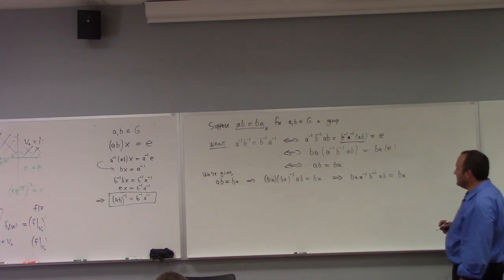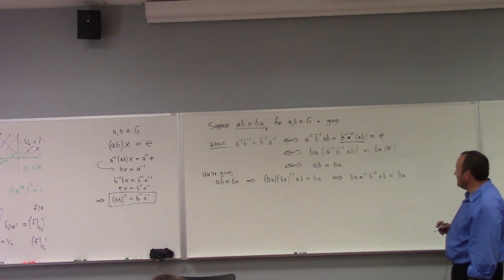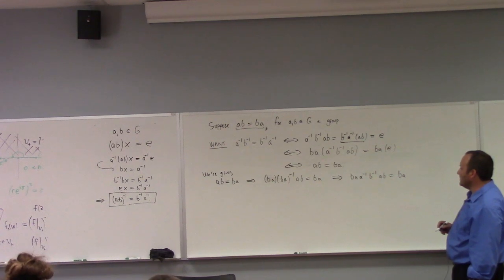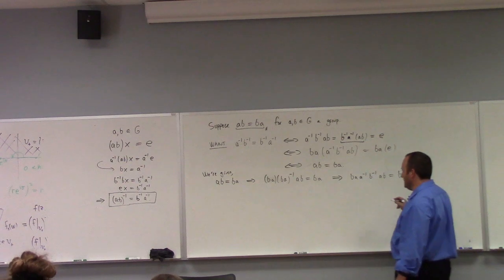What did I do? I think then I need to, what's that? Multiply by A inverse and B inverse. Or no, B inverse and A inverse.